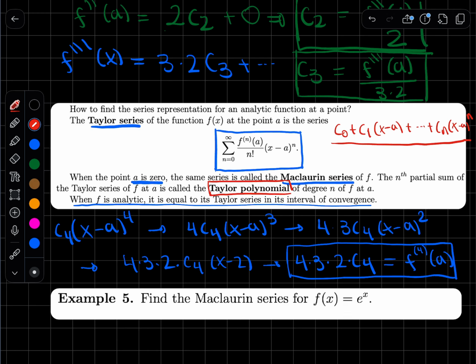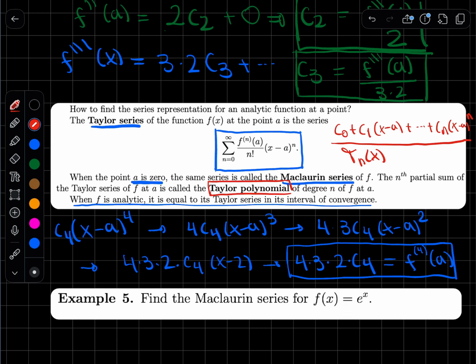So this is actually a polynomial. I stop at n, and this is just like the linear approximation that we see in calculus 1. We write Tn of x for this, and this is a good approximation for the function most of the time, depending on n.